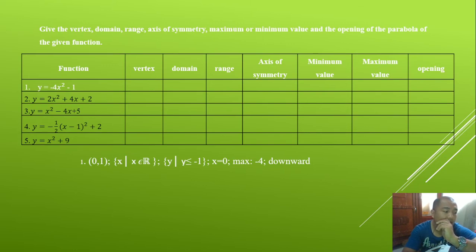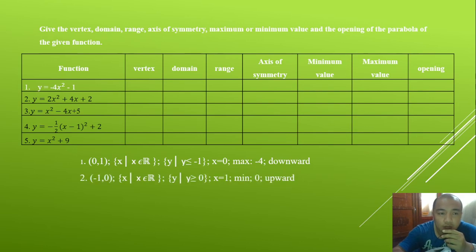Maximum value is negative 1. It should be positive. Wait, we have a mistake here. So, downward. There seems to be a mistake. Okay, we'll come back to it later. So, number 2, how about here?